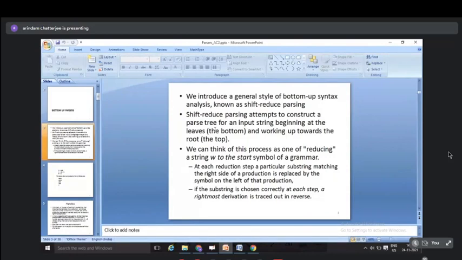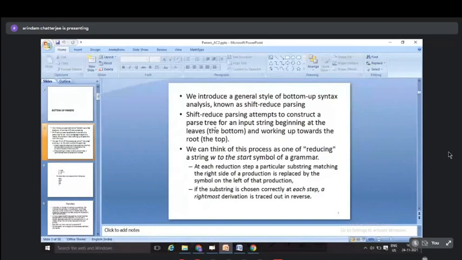Now the problem is that at each reduction step, a particular substring matching has to be done. As I showed in the earlier example, a particular substring has to be identified and matched with the right hand side of a production, and there can be many places where that can match.